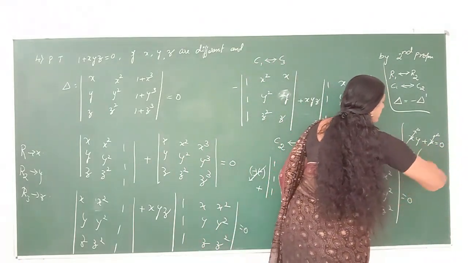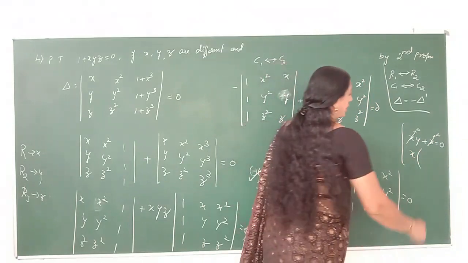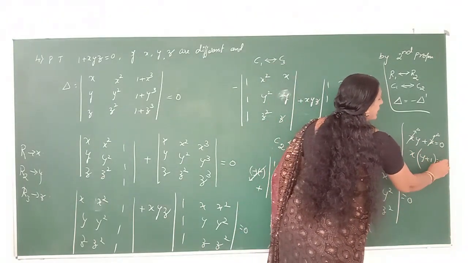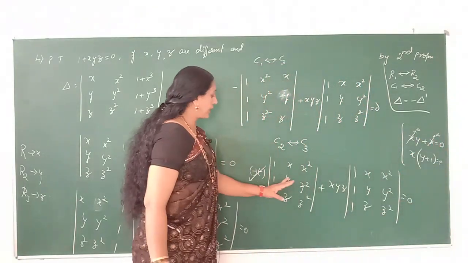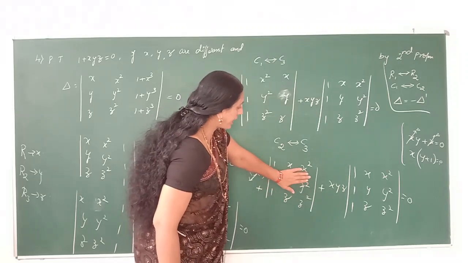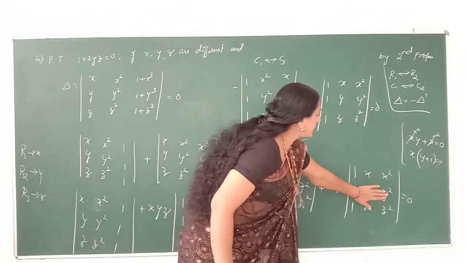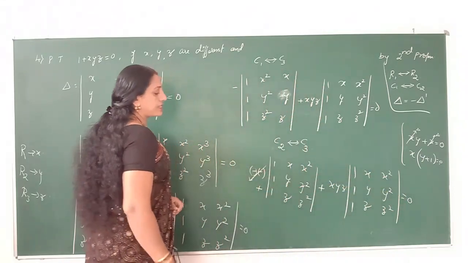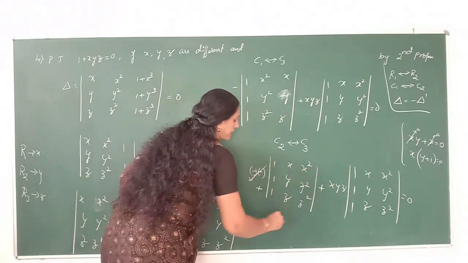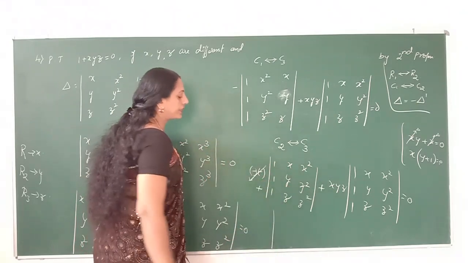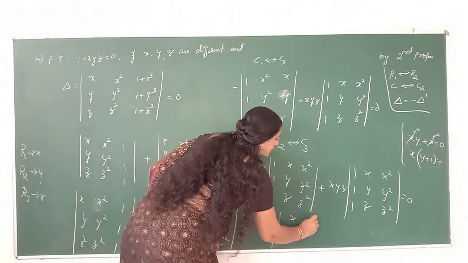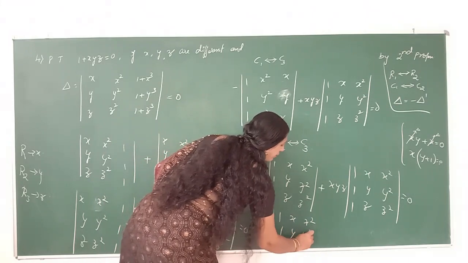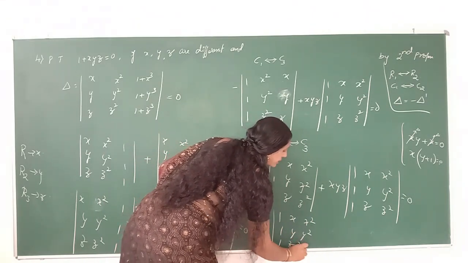Now it is possible to take a common factor x. So that gives 1 plus y equal to 0. Similarly, it is in the form x plus x into y equal to 0. Now x is a common factor, where in place of x we have the determinant with rows 1 x, x square; 1 y, y square; 1 z, z square.